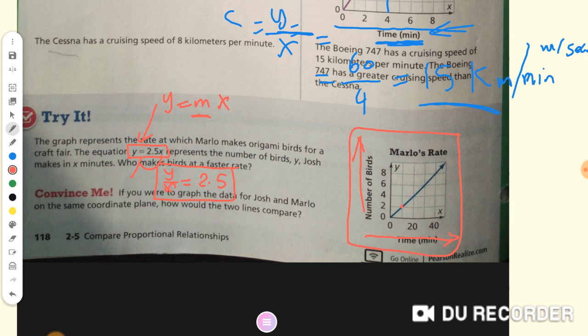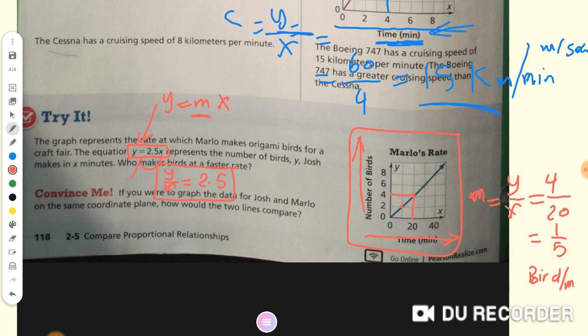Take any point on the graph, maybe 20 for x and 4 for y. The constant equals y over x, which is 4 over 20, so it equals 1 over 5 birds per minute.